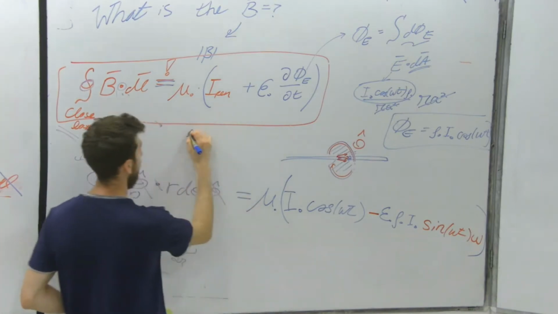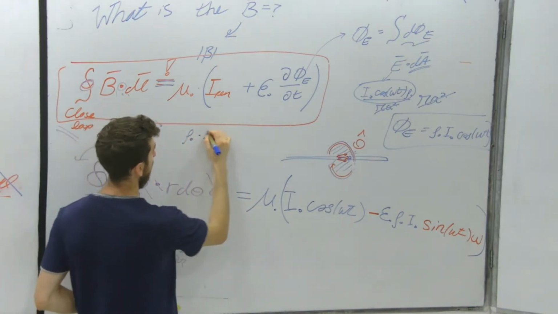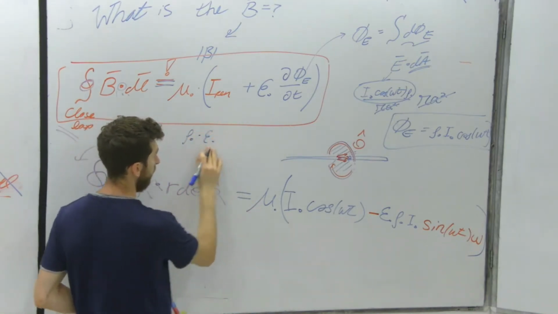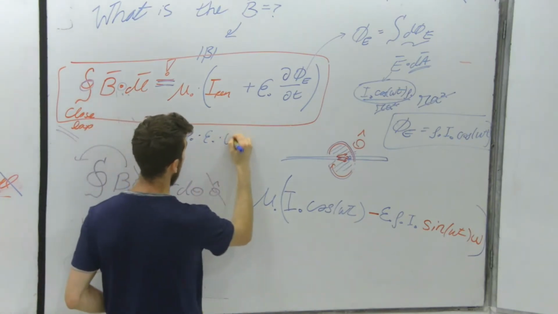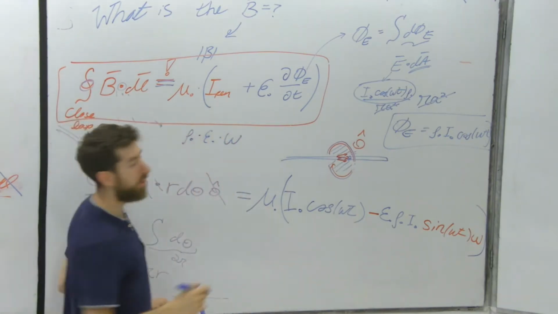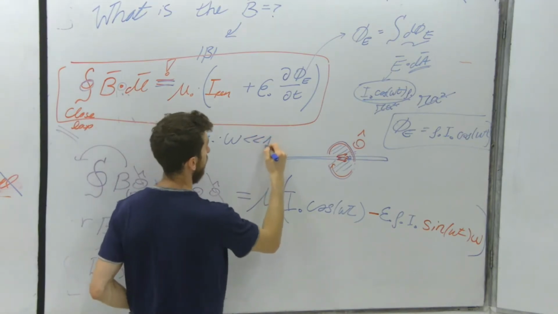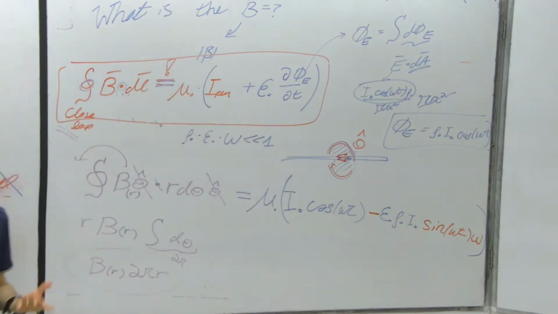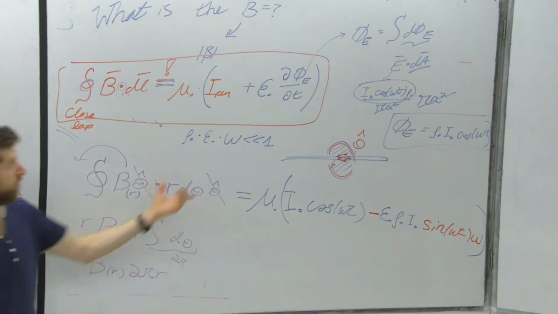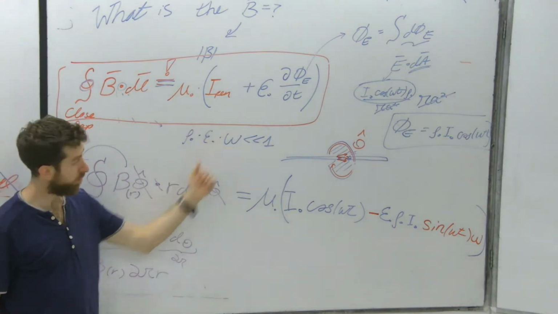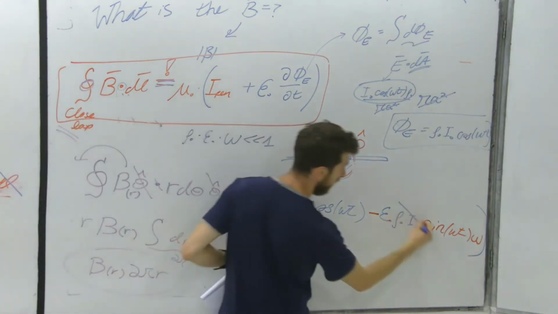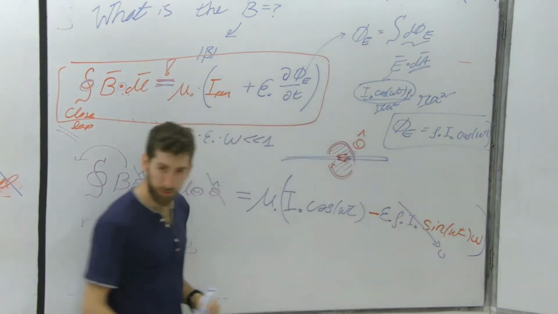Rho 0 multiplied by epsilon 0 multiplied by omega is a really small number when we talk about power lines. Really small. Okay? So in that case, this term is dying out.